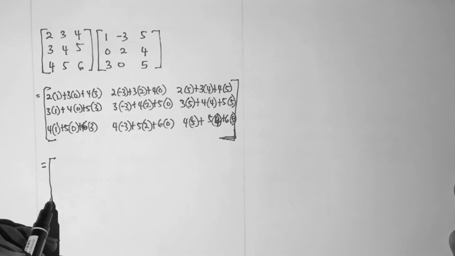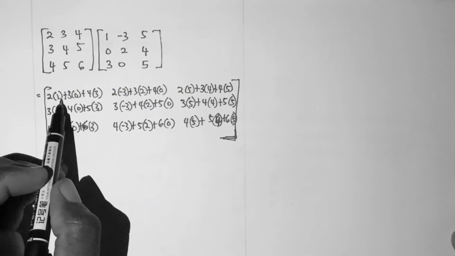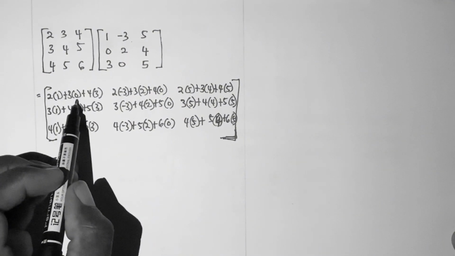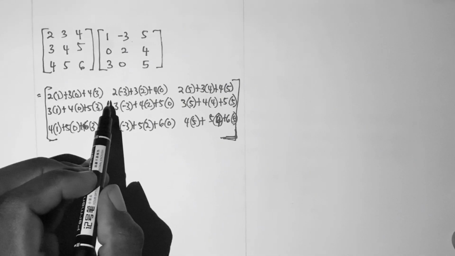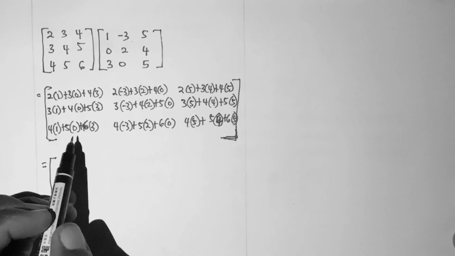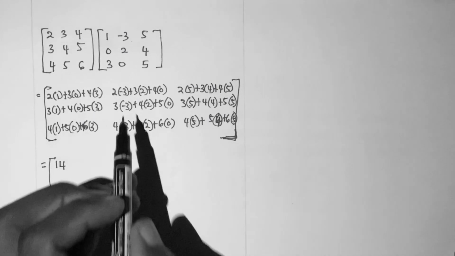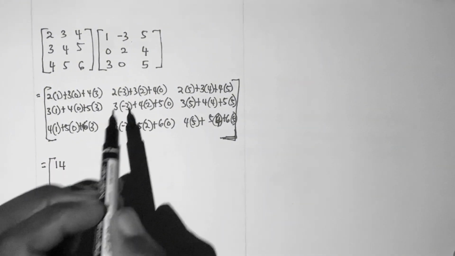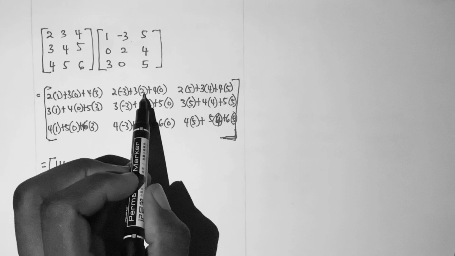So if we further simplify, 2 times 1 is 2, plus 3 times 0 is 0. So 2 plus 0 is 2, plus 4 times 3, that's 12. So 2 plus 12 is going to give us 14. Then here, you see that here is 2 times minus 3 plus 3 times 2.